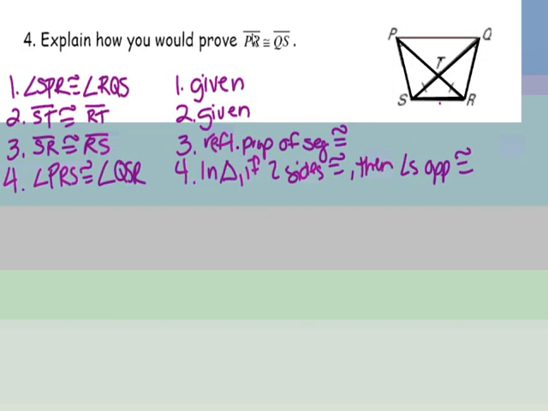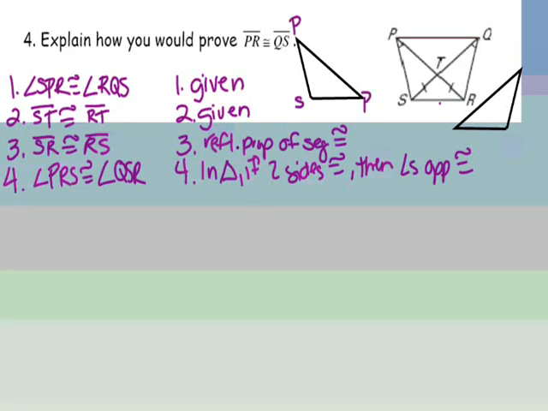All right, so now what I have going on here, and it may be easier to see if we redraw these triangles, so I'm going to split these guys apart. And I have triangle PSR, and I have triangle SRQ. And we've already said that this is true, and we've said that this is true. And now our last statement told us that this was true.